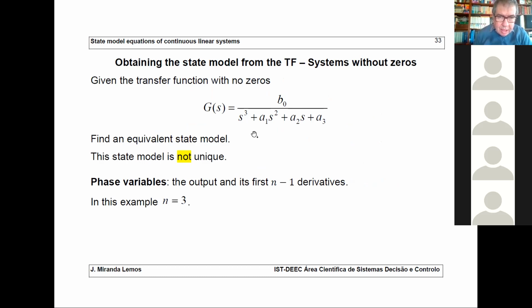In this case, the answer is not unique. Before, to each state model, there was only one transfer function. Now, to each transfer function, there are several state models that correspond to it.